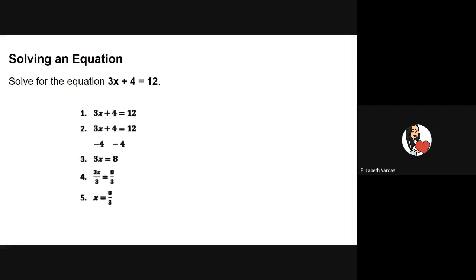We subtract 4 from each side, then we have to isolate the x, so we divide by 3 on each side, and then we eventually find what our x is.